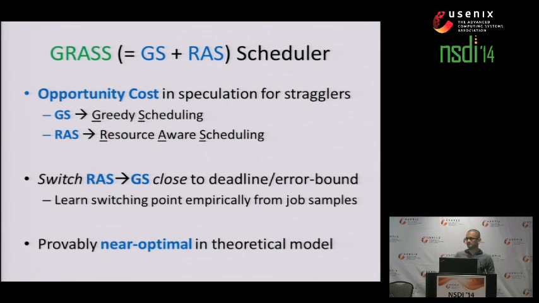We have an algorithm, GRASS, that starts with the one that is conservative about the opportunity cost and switches to the more aggressive option closer to the deadline or error bound. We learn the switching point empirically from job samples. And the switching algorithm that we have can be proved to be near optimal in our theoretical model.